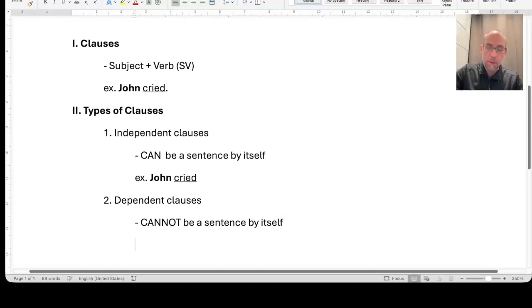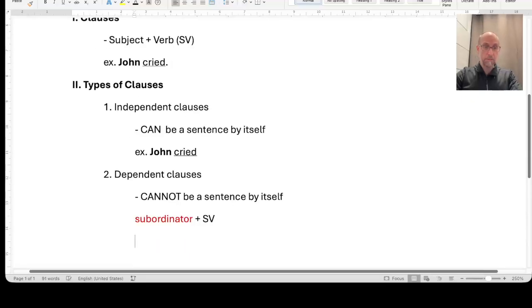Now, the way we get a dependent clause, it's still a clause, so we still have subject and verb, but this cannot be a sentence by itself because something has happened here. I'm going to put this in red. We add something called a subordinating conjunction. I'm just going to shorten that to subordinator. We add that to the front of our clause. And as soon as you do that, the sentence is no longer complete.